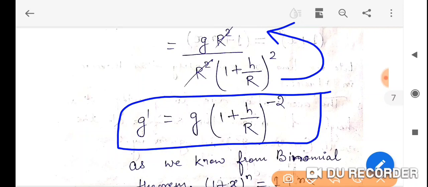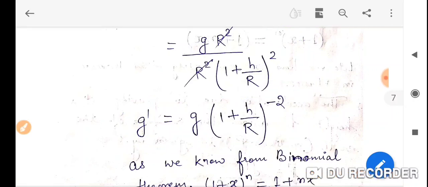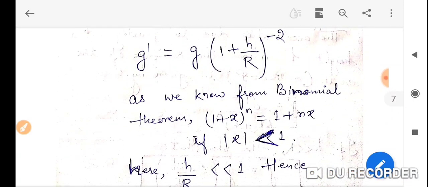Now we will use the condition of binomial theorem. As we have seen that (1 plus x) whole to the power n equals to 1 plus nx under the condition mod x is less than 1. Here on the right hand side, in the term (1 plus h by R) whole to the power minus 2, the value of h by R is very less than 1. It has been provided in the question, we have seen it earlier.